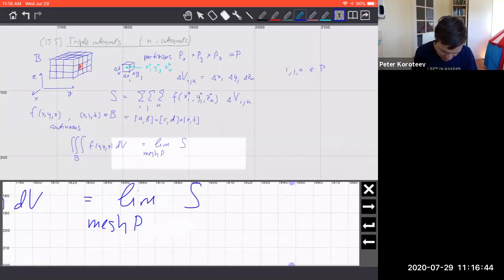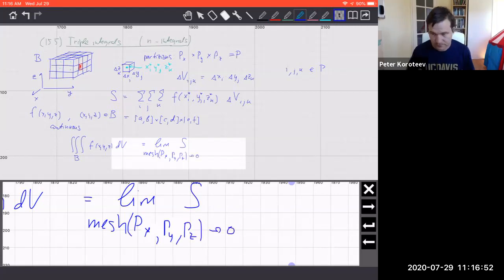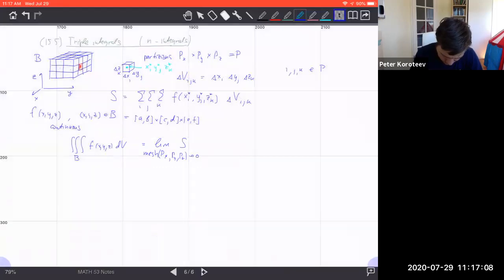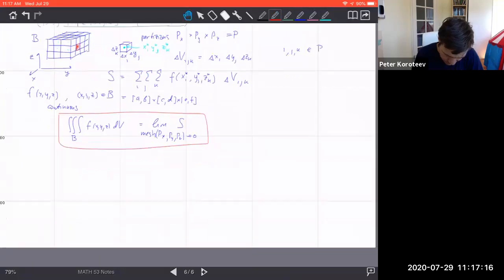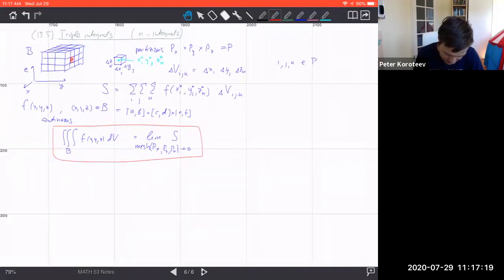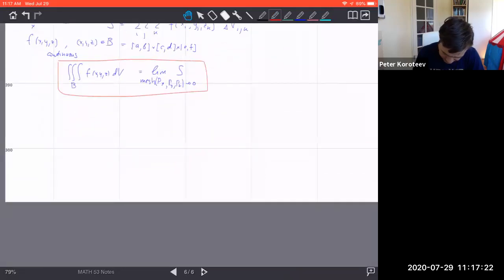So the mesh of Px, Py, and Pz goes to 0. If the limit exists, then this defines the triple integral. And you can see how to generalize it to n integrals.